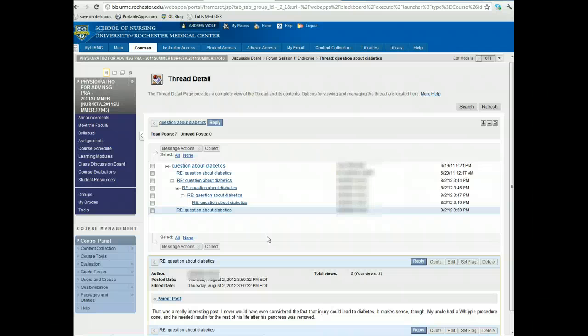A threaded discussion basically organizes the discussion into a hierarchy in which you have at the highest level the initial question or topic. Then on the second level, responses directly to that topic. And then you have third and fourth levels, which are responses to the responses. Now this is beneficial because, as you can see, if there wasn't a hierarchy, it would be difficult to tell that this was all responses to each other here.